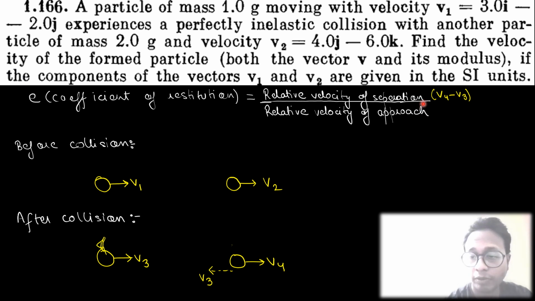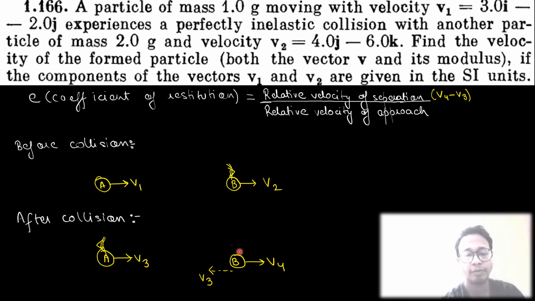Now, when does approach happen? Before collision. The main thing here, where most of you get confused, is the frame of reference. Say this is body A and this is body B. If you take the frame of reference after collision on body A, you have to take the frame of reference before collision on body B, and vice versa.